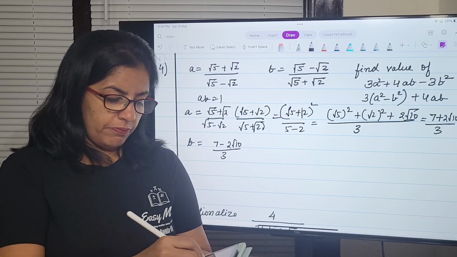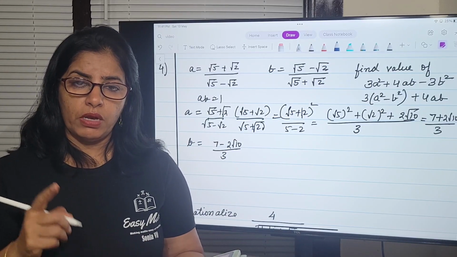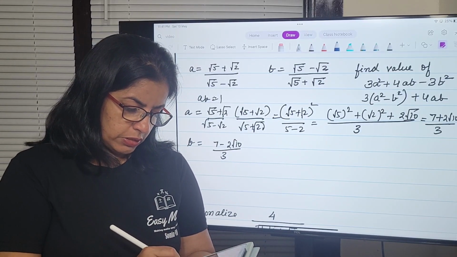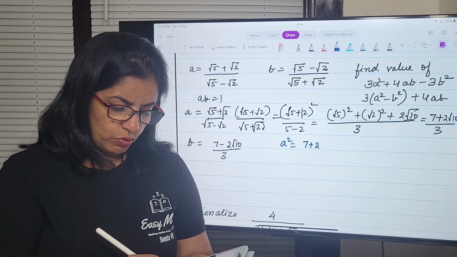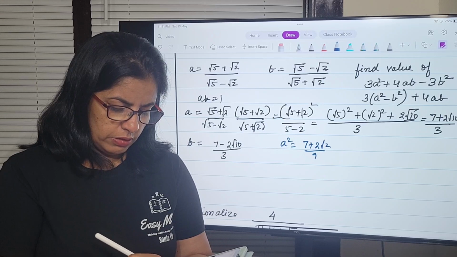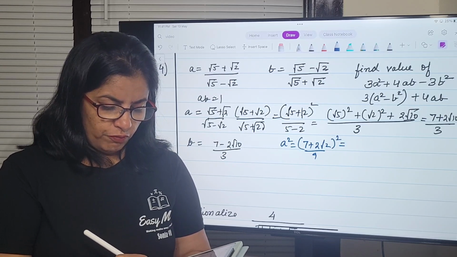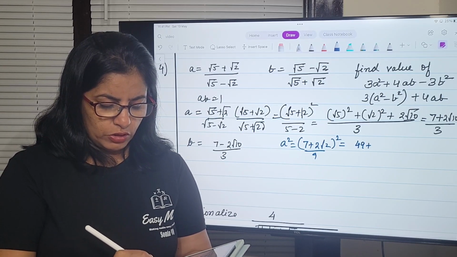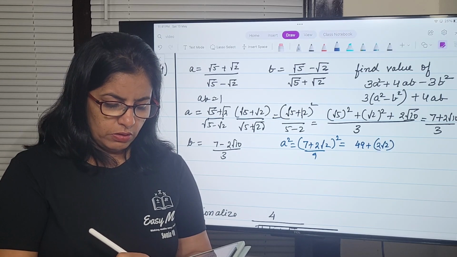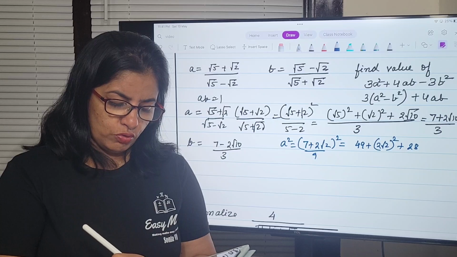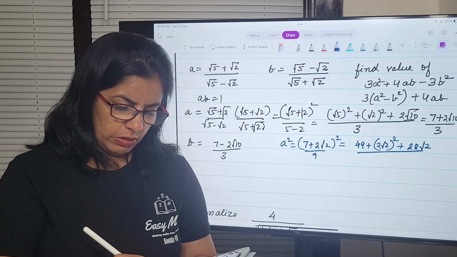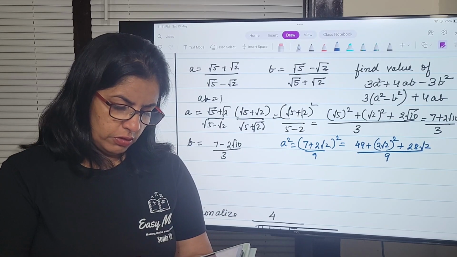Now my next step will be finding the value of A square and B square. So A square will be 7 plus 2 root 10 whole square upon 9. This will be 49 plus 2 root 10 whole square plus 14 into 2, 28 root 10, upon 9.